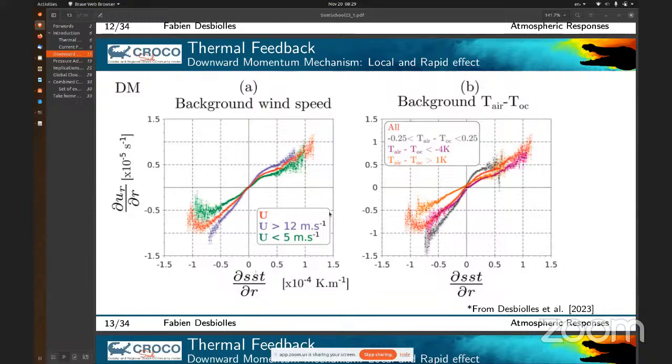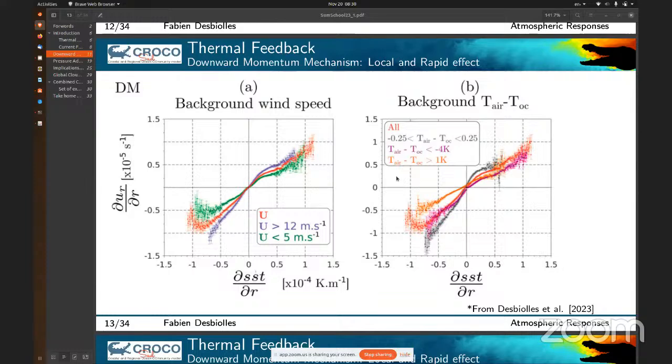And on the right, same exercise again, but here I discriminate my ocean points with the difference between air temperature and ocean temperature. And we see that the greater coupling coefficient is found for near neutral stability conditions, which is a difference close to zero between air and ocean temperature.